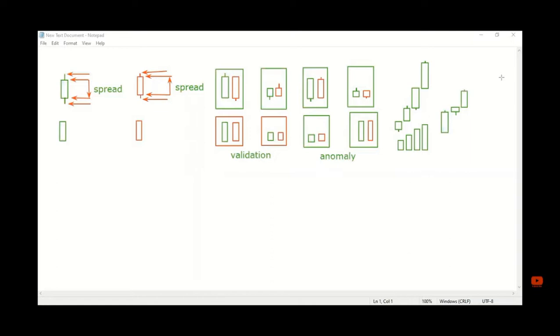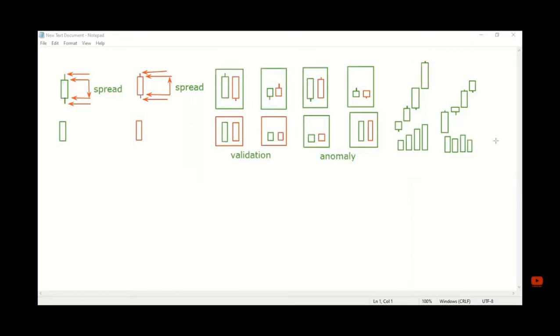The fourth candle the market creates is this one. So when we see this type of situation, the first candle's volume is this one, the second candle's volume is this one, the third candle's volume is this one, the fourth candle's volume is this one.